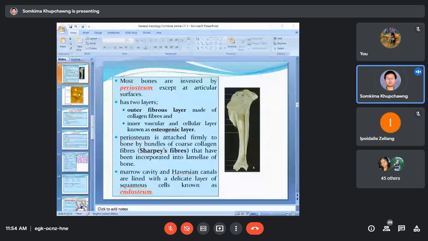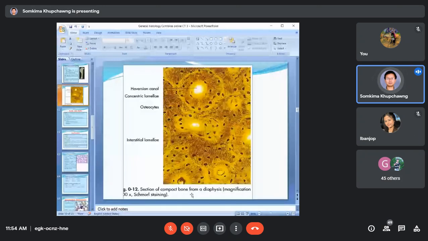Okay, so this photomicrograph shows a section of the compact bone from a diaphysis. We can see clearly the Haversian system. Here at the center, this canal is known as the Haversian canal. Around this we can see the concentric lamellae.